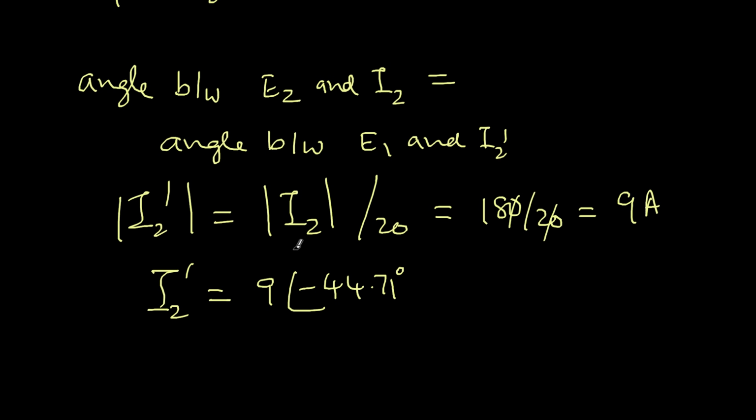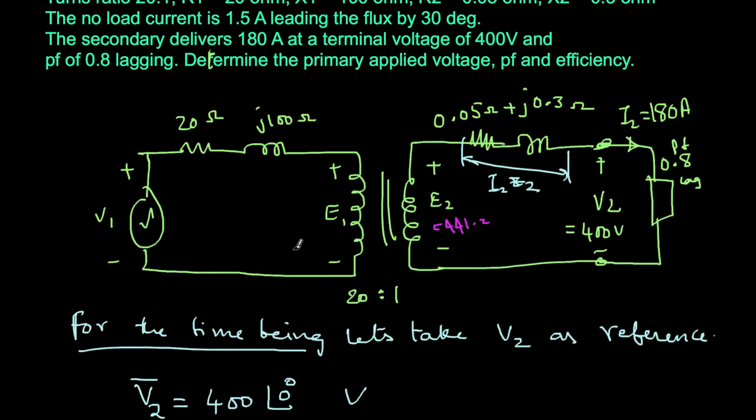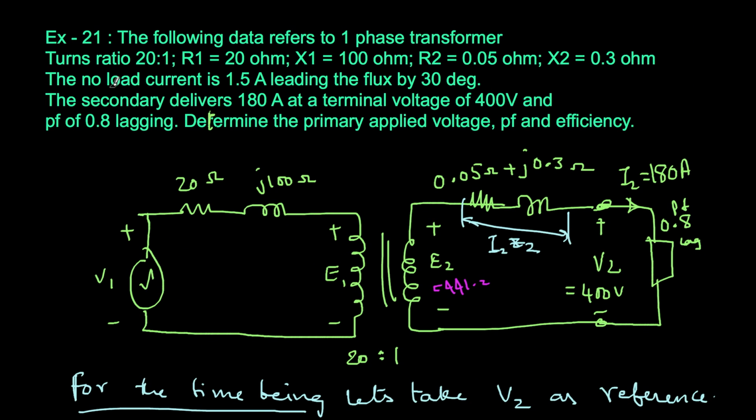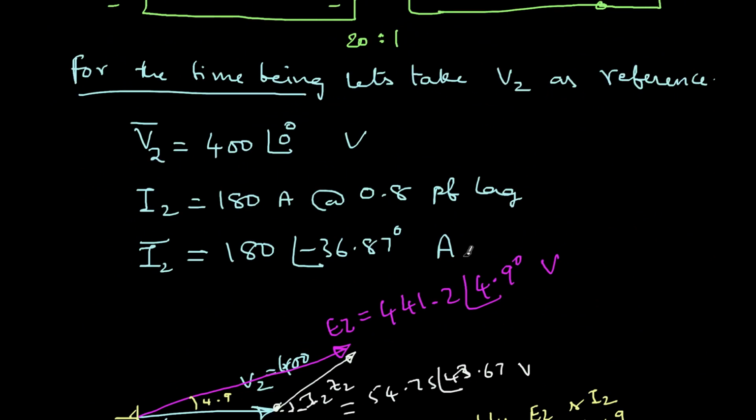Now let's come to I naught. What is I naught? I naught is the no load current, given in the question: 1.5 amperes leading the flux by 30 degrees. Leading the flux means it will be lagging E1 by 60 degrees.